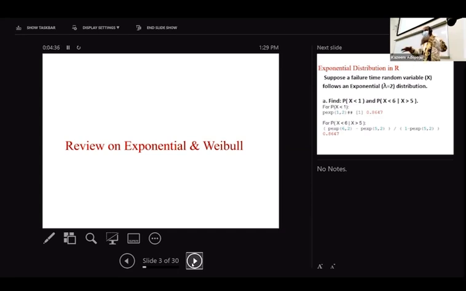And today the focus is going to be on the gamma and the beta distribution. But I quickly want to have a recap on the exponential and the Weibull distribution we've done before, and how we can distinguish between them. That is the reason why I'm having a recap right now.